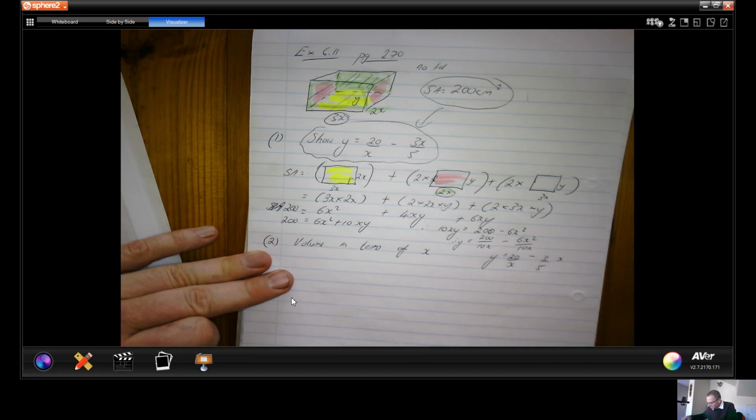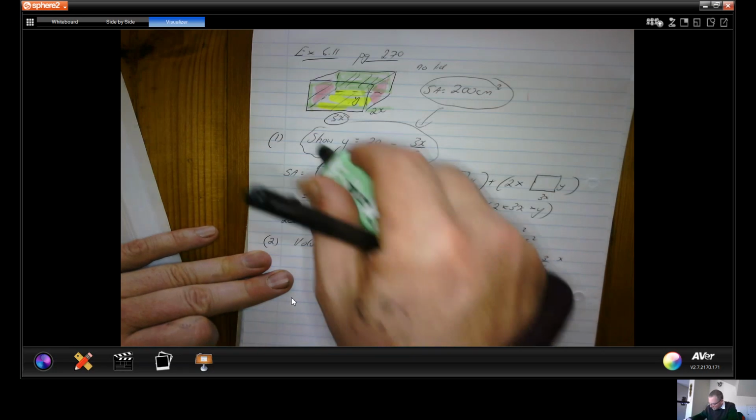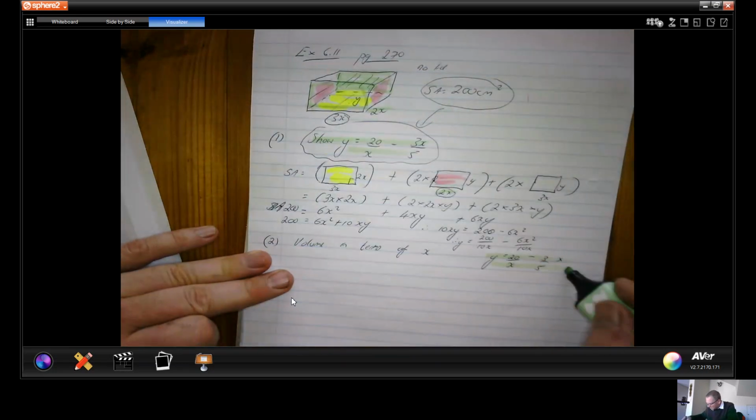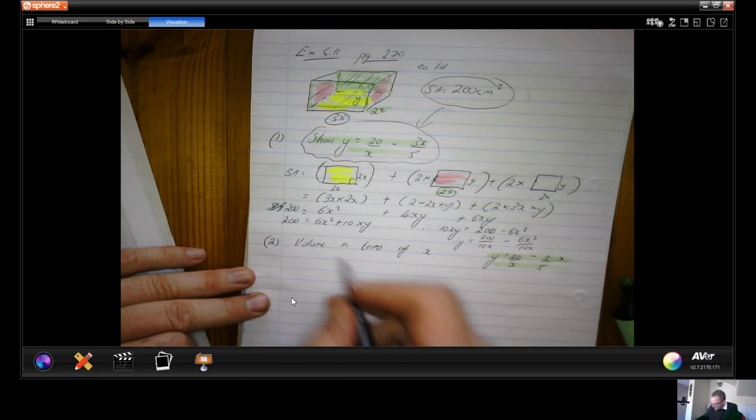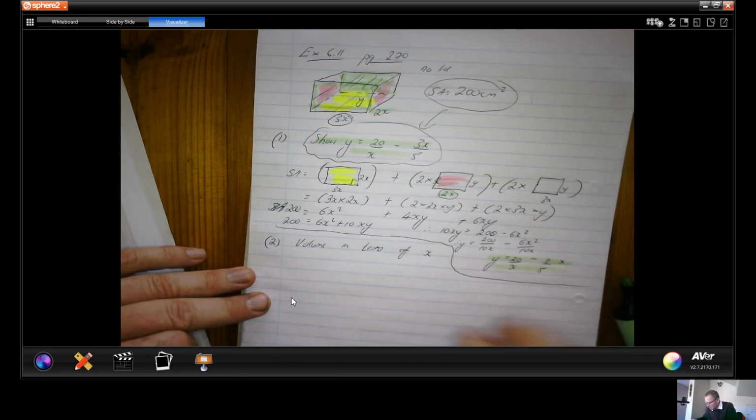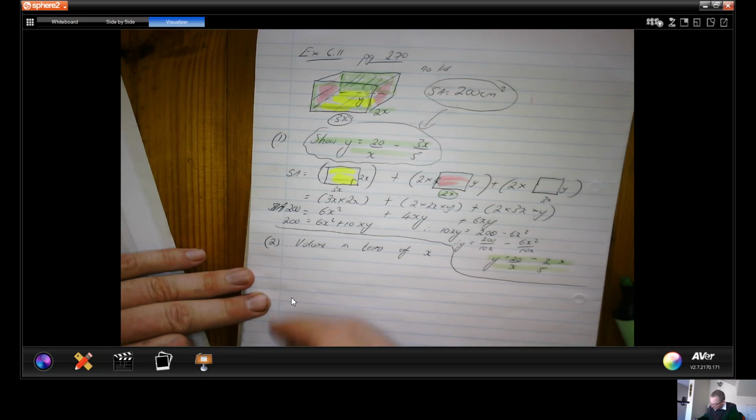So we proved what we were asked to do, which is to show that y is 20 over x minus 3x over 5.